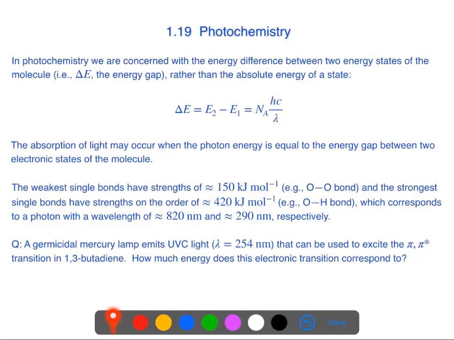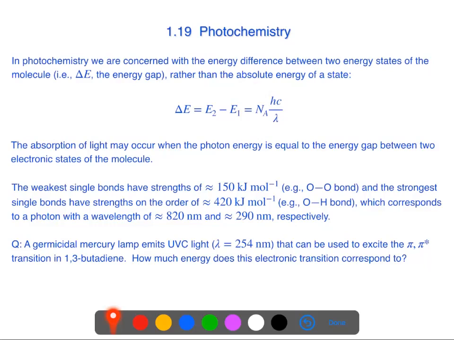Well, to solve for this particular question, we're going to take the wavelength of light and we can substitute it into our expression for delta E. We have three constants divided by 254 nanometers. That will give us our delta E and the energy corresponding to this electronic transition.